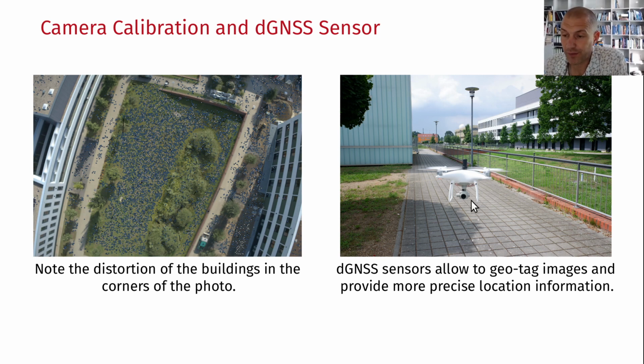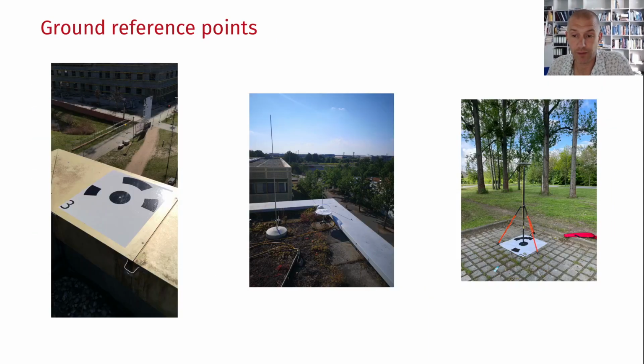We made some tests with a couple of different drones, and we identified that this differential GPS sensor that can be added to many drones is a useful addition and ends up producing reasonable results. But you still get better results by having a dozen ground control points. That is still a much better and more precise solution.